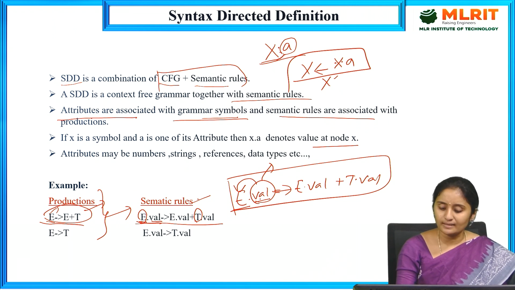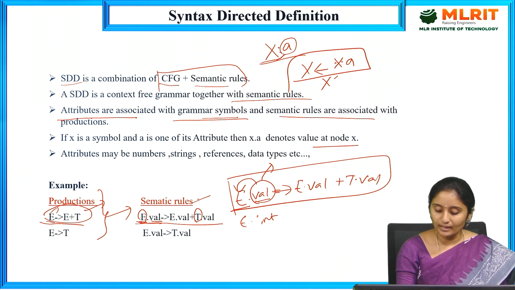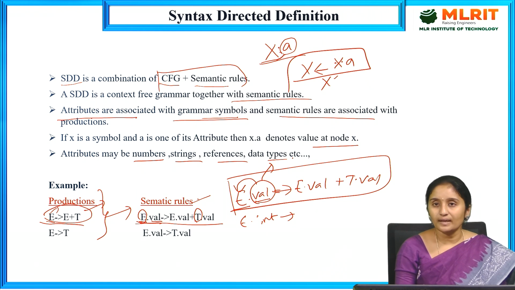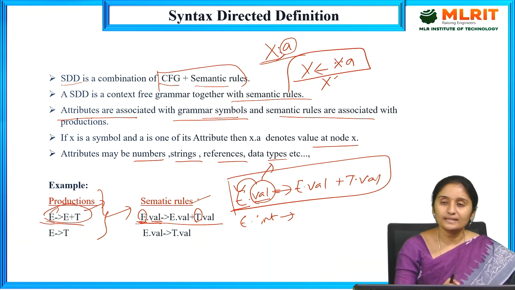I have written val here, but I can also write int, E dot int. Based on the production and constraints, we use numbers, strings, references, or data types. So a syntax directed definition is a combination of context-free grammar and semantic rules.